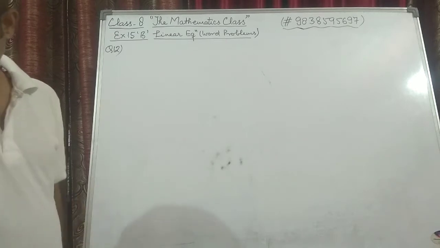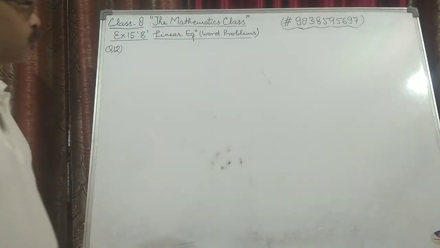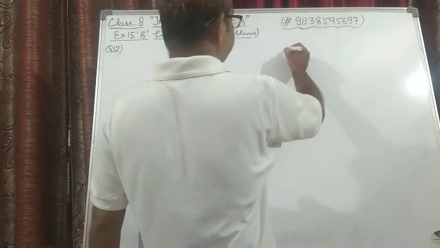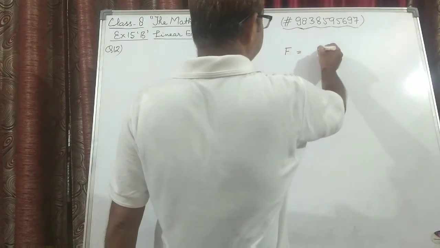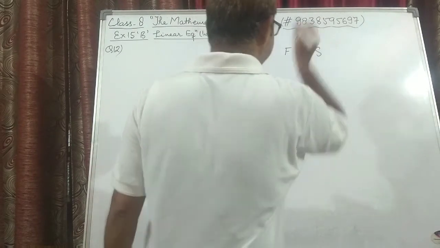They say a father is 3 times as old as his son. It means the father's age is 3 times the son's age.